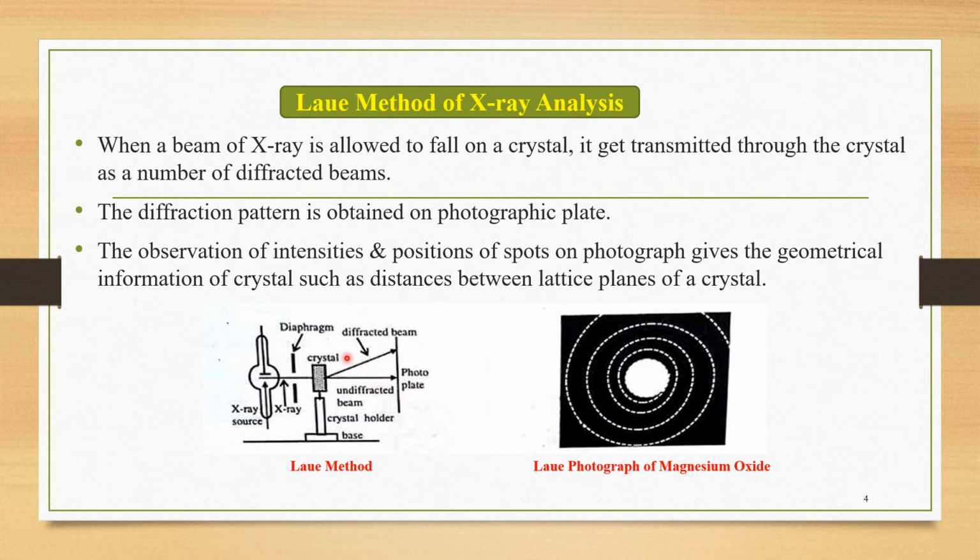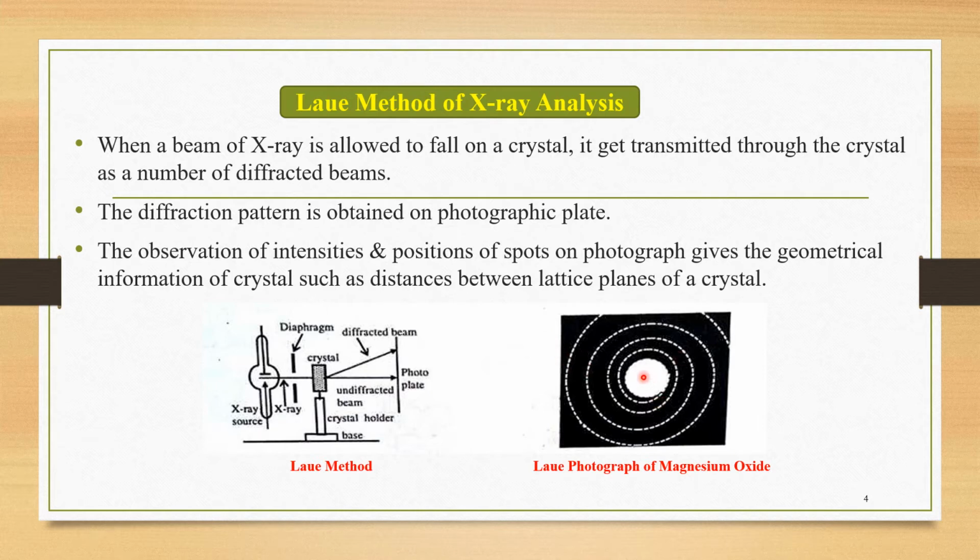Now how does this photoplate look? For this purpose we take here one photograph, that is a Laue photograph of magnesium oxide. This photograph consists of various numbers of spots, having varying intensity, and the intensity of the spots gives us information about the structure of a particular crystal.